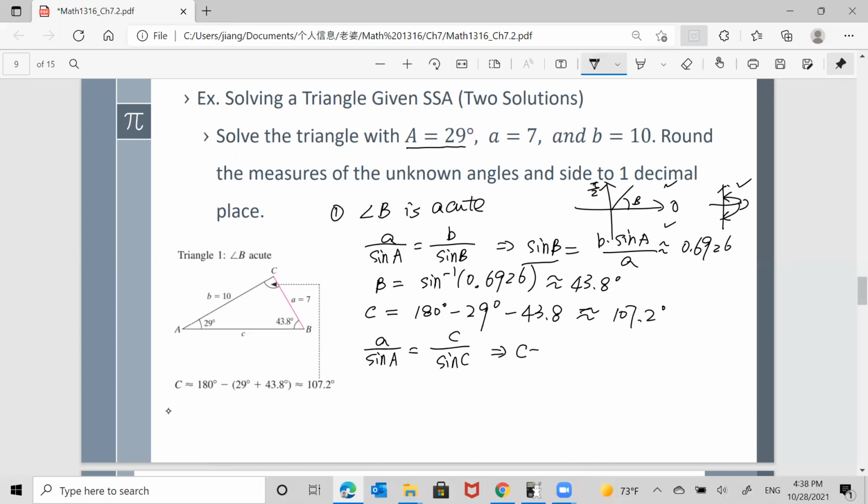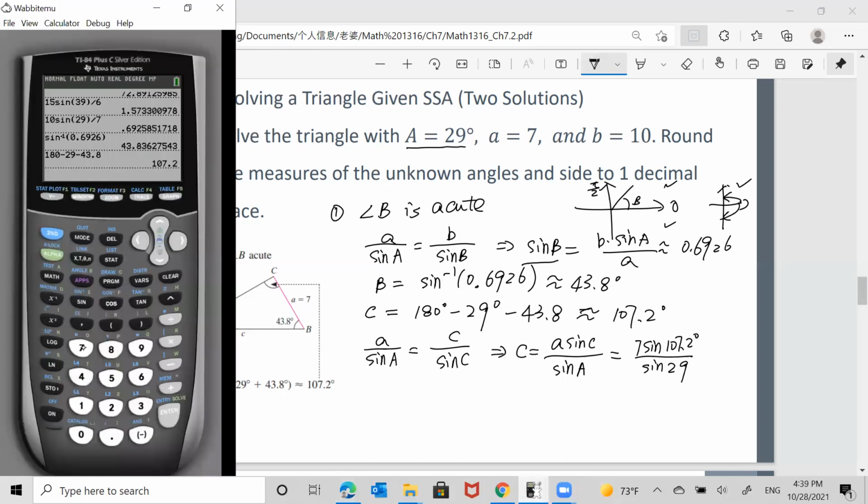That means c equals a times sine C over sine A. Then plug in the information. a is 7, sine C is sine 107.2 degrees over sine A, sine 29. So this equals 7 times sine 107.2, close parentheses, divided by sine 29 degrees, close parentheses.